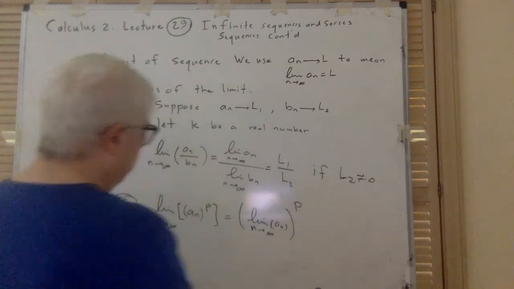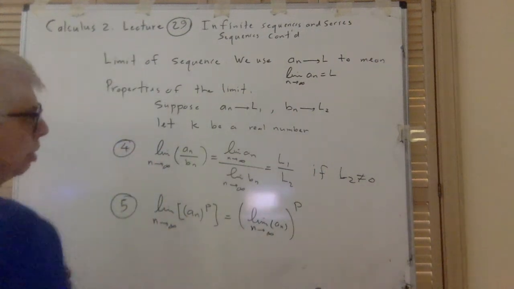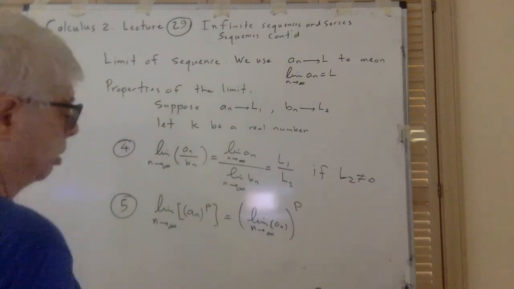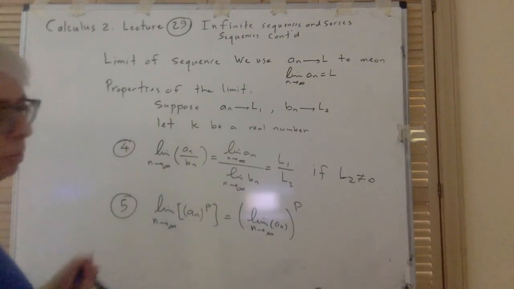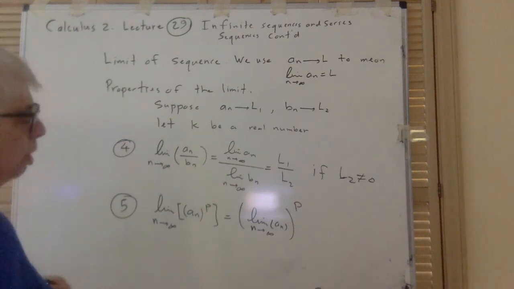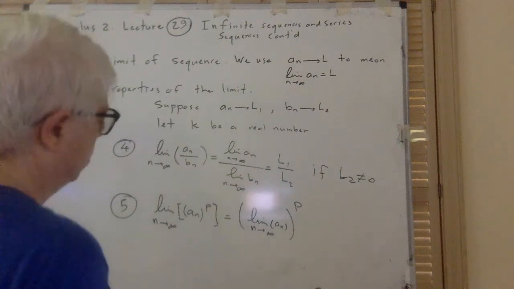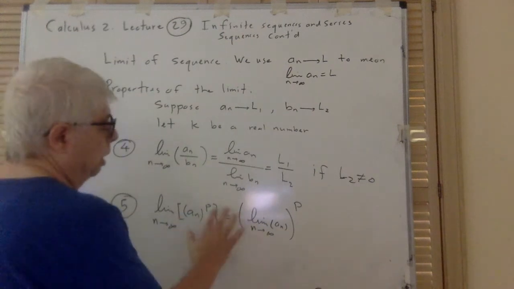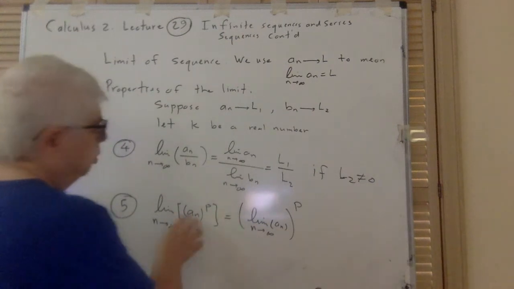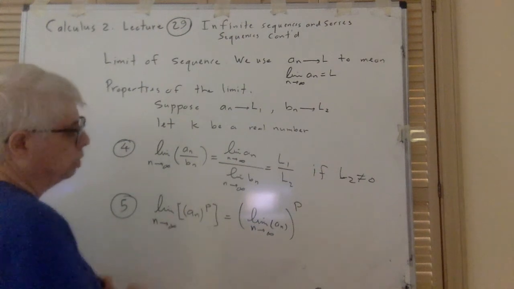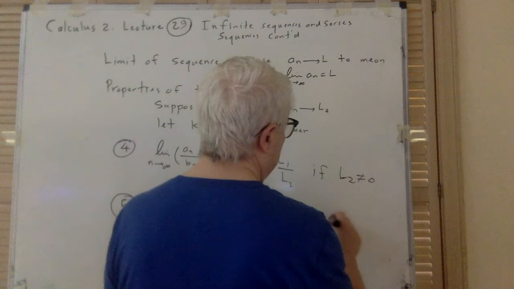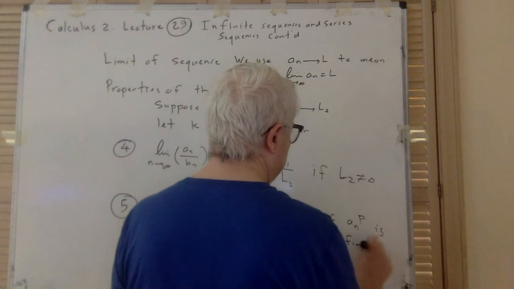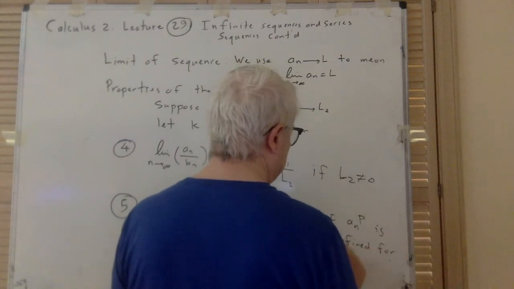Now there's something here. If the an's are negative and p is, say, 1/2, then negative to the power 1/2 is a complex number. We're not really in complex number territory, so let's assume that an to the power p is defined, or makes sense for all n.